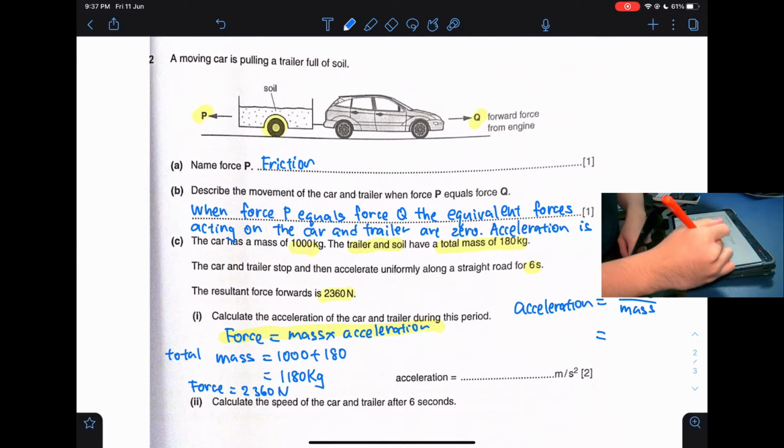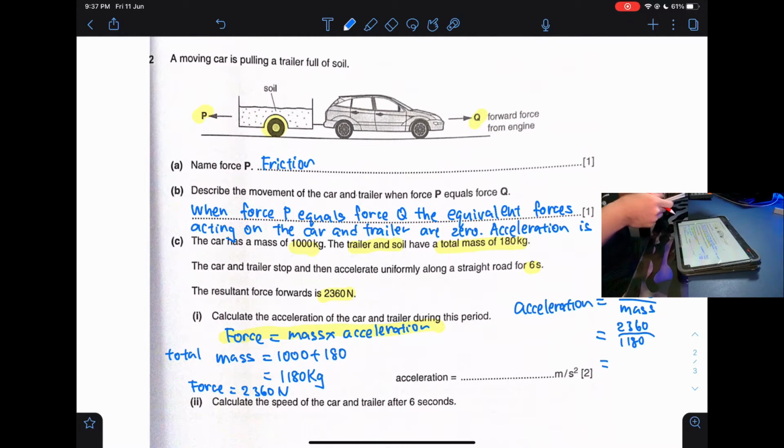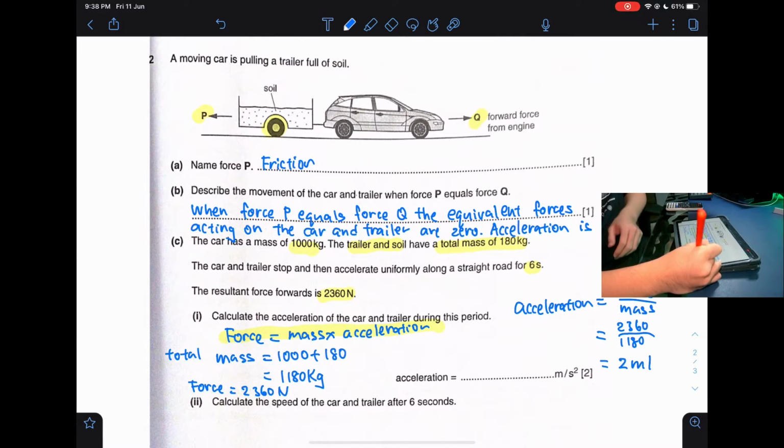And we can therefore calculate our acceleration to be 2360 newtons divided by 1180 kilograms, which will give us an acceleration of 2 meters per second squared.